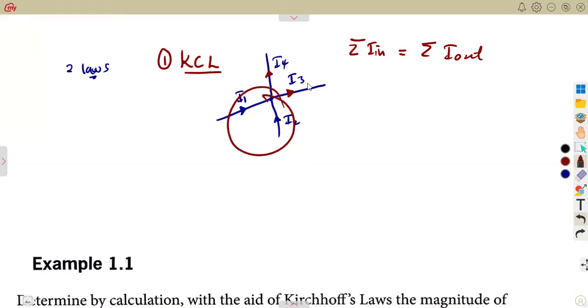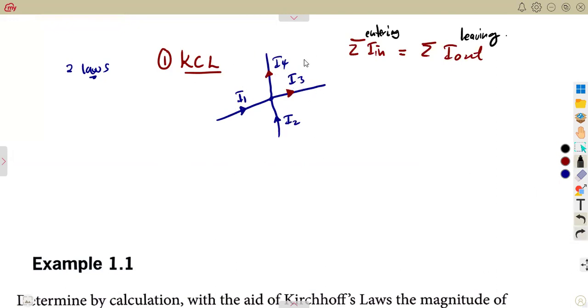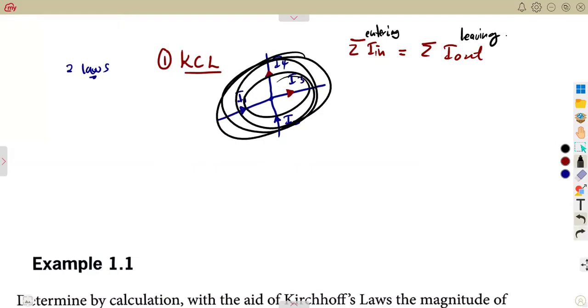So it's the currents entering, the currents leaving. These are the currents entering the junction, and these are the currents leaving the junction. Or we can simply say the algebraic sum of everything that we have must be equal to 0.